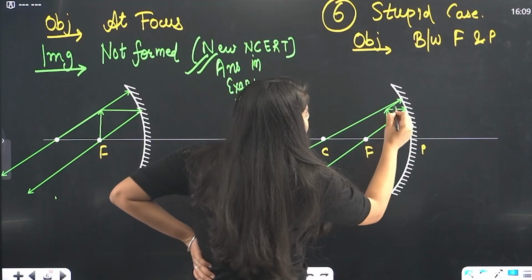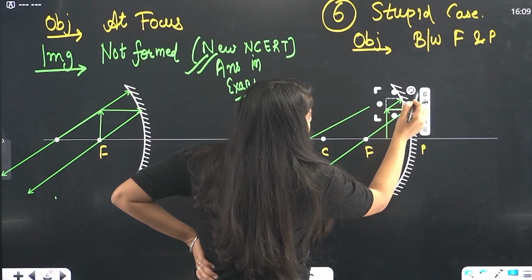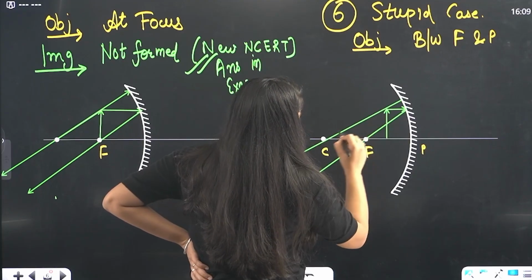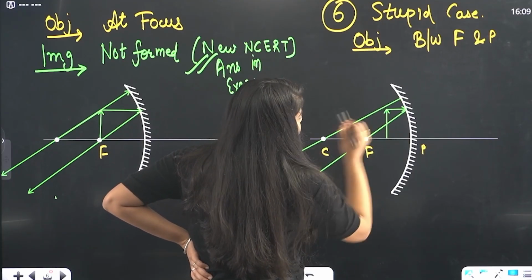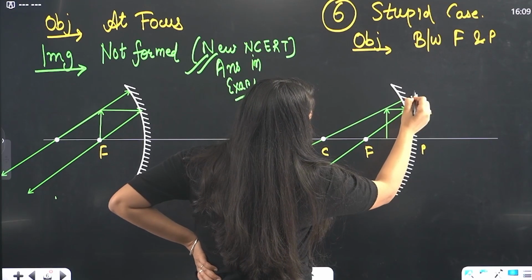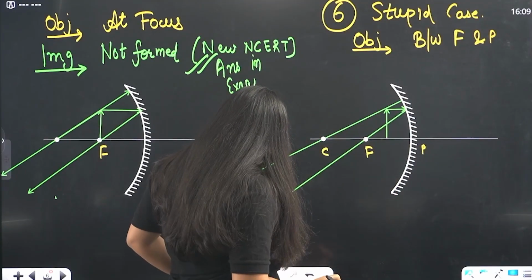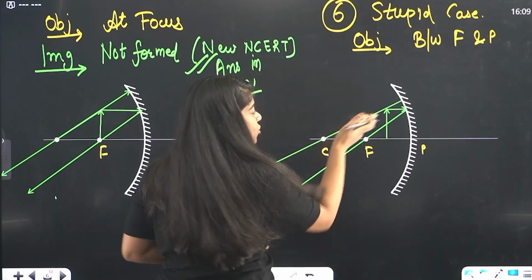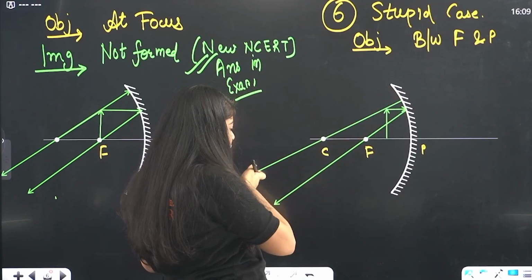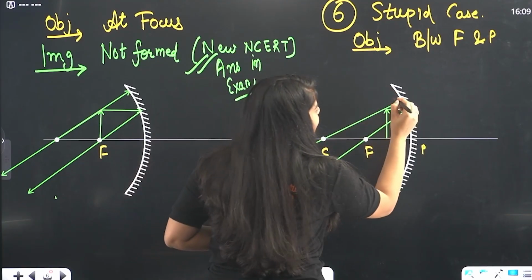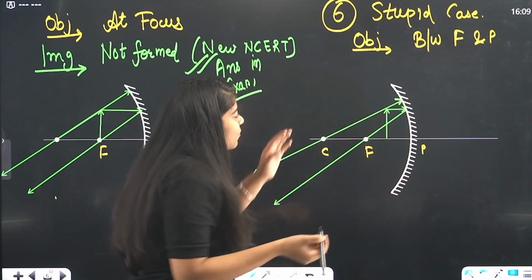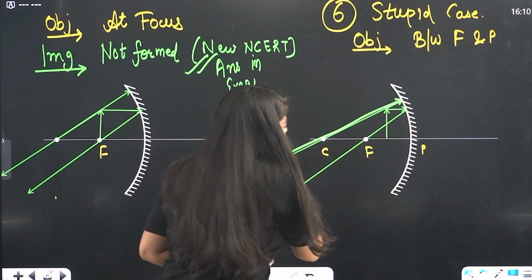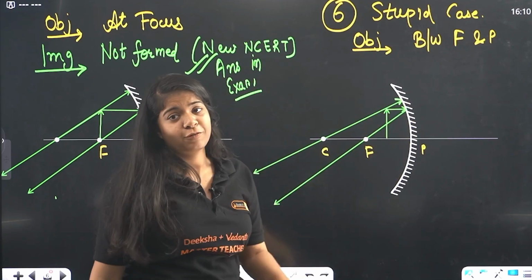Okay, I'll show you some trick you can use. You can make this ray starting from here, use your scale, pass it through center of curvature, and then just put one arrow here. That means from here the ray is going here, it reflects back and again passes through center of curvature.